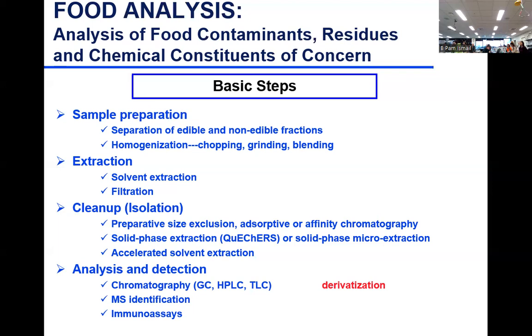If it's GC, we might use derivatization. Oftentimes, mass spec is added because we need to be able to identify accurately the different compounds. And a lot of time we use immunoassays. So this is a good summary to learn. You don't have to remember the acronym here. Just remember solid phase extraction.